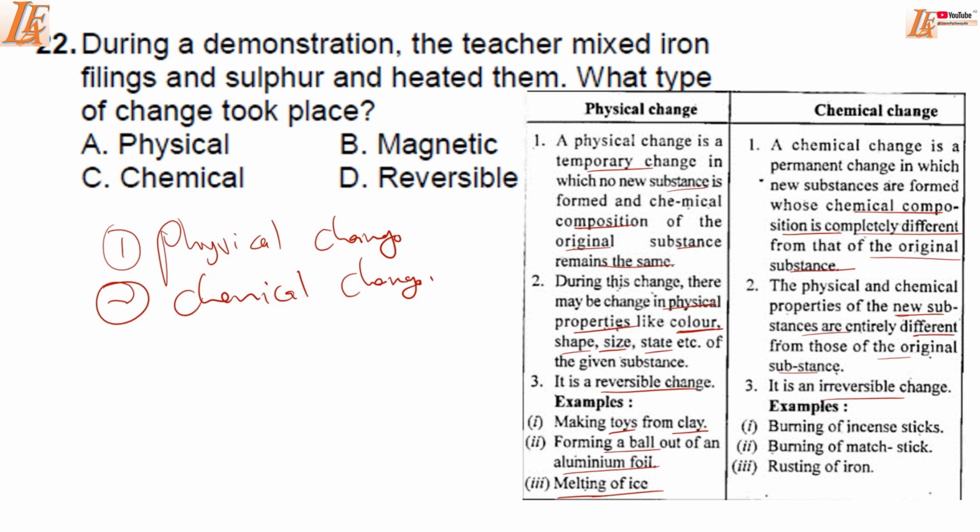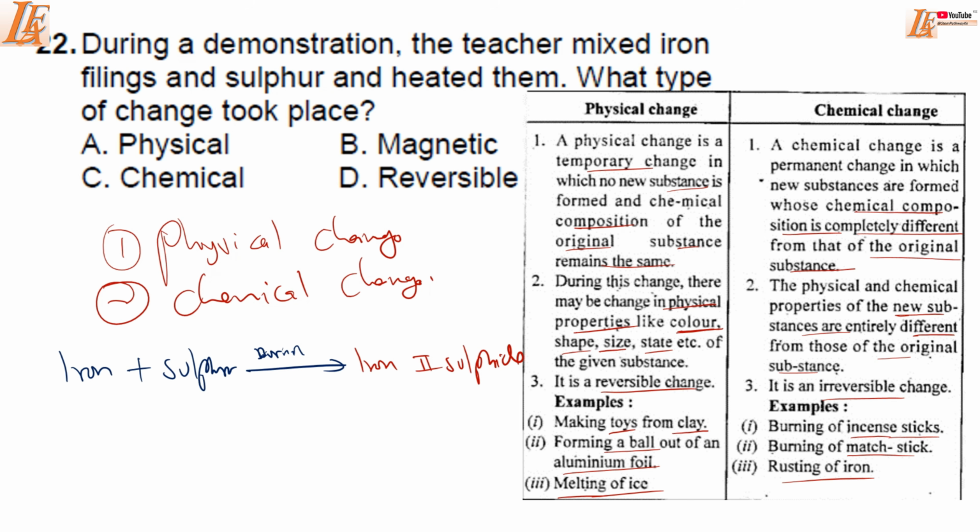Good examples are burning incense sticks, burning a matchstick, rusting of iron to form hydrated iron 3 oxide, and even burning iron filings with sulfur. In this case, iron reacts with sulfur when you are burning to form what we call iron 2 sulfide.